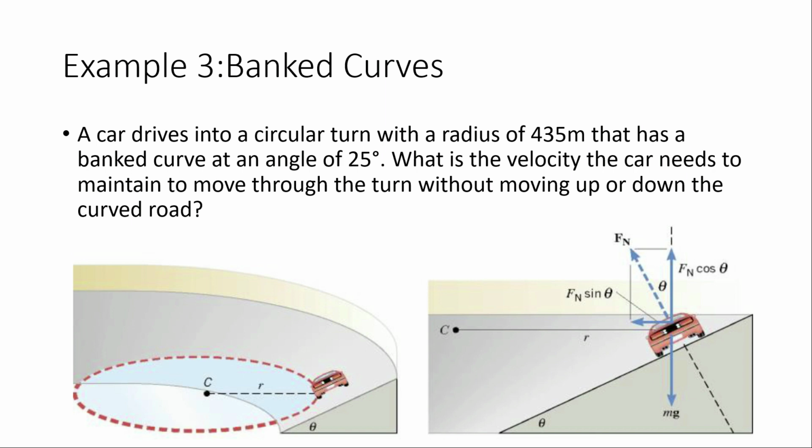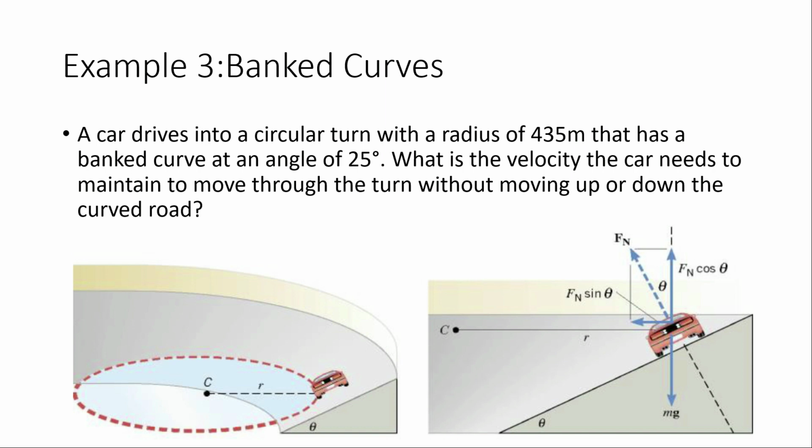Now, if we consider this, what would make a car slide up or down the curved road? Well, this is a curve that has absolutely no friction; there's no mention of friction anywhere here. If we stopped the car, in other words, slowed it down too much, where does the car go? Hopefully, we're all saying, when you stop the car, it slides down the slope.